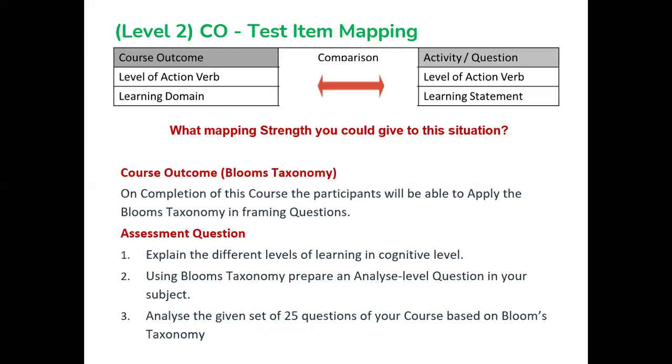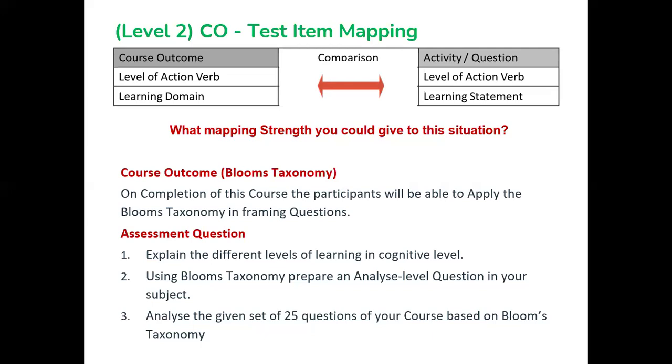Can somebody suggest? My question is 2 levels below my CO. Our mapping scale is 0, 1, 2, 3. 3 is for highest, then 2, then 1, and if there is no relationship, 0.